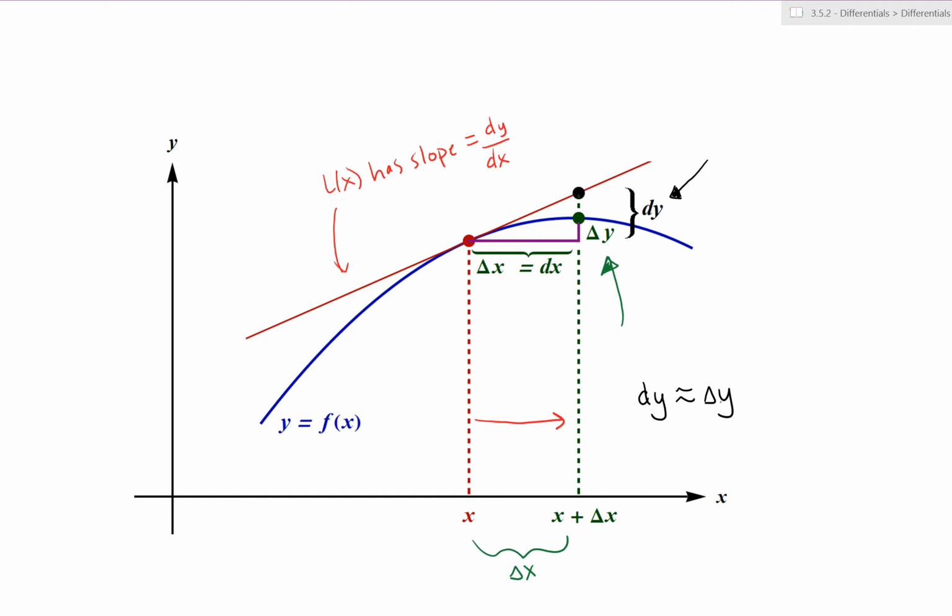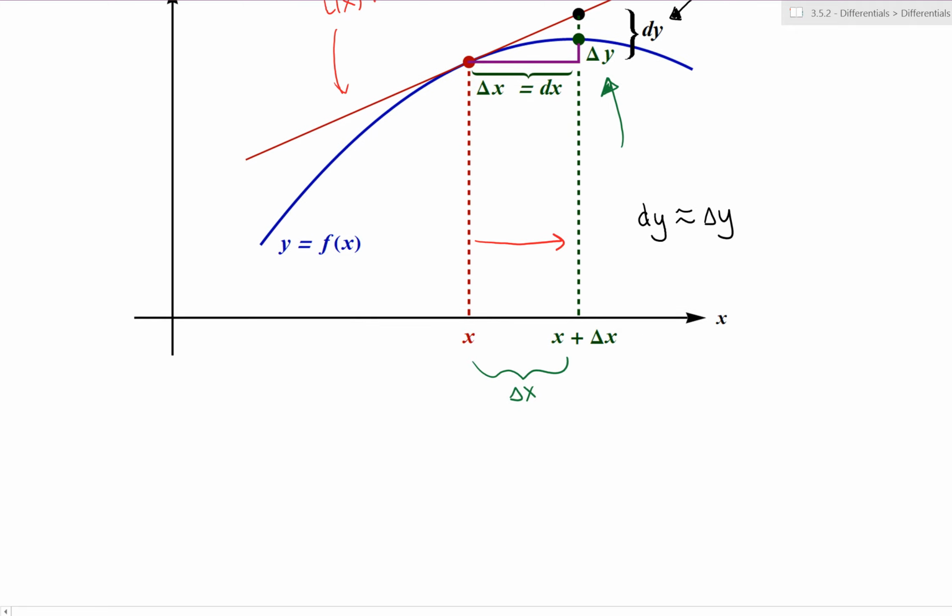And that's really the big idea here, is that we can use that change in the y direction of the linear approximation to estimate the change in the actual function's values. And so, another application of a derivative.